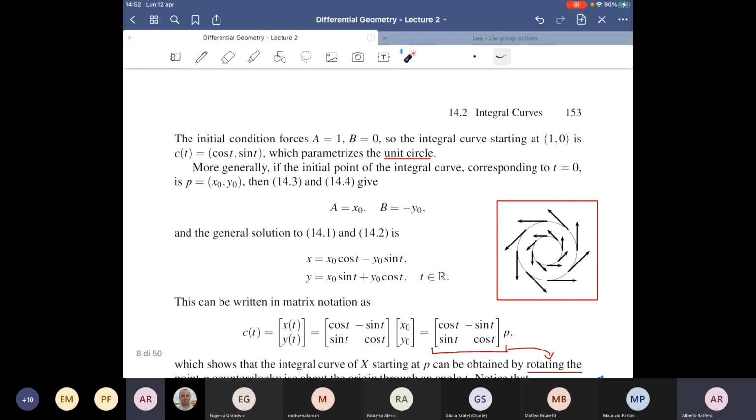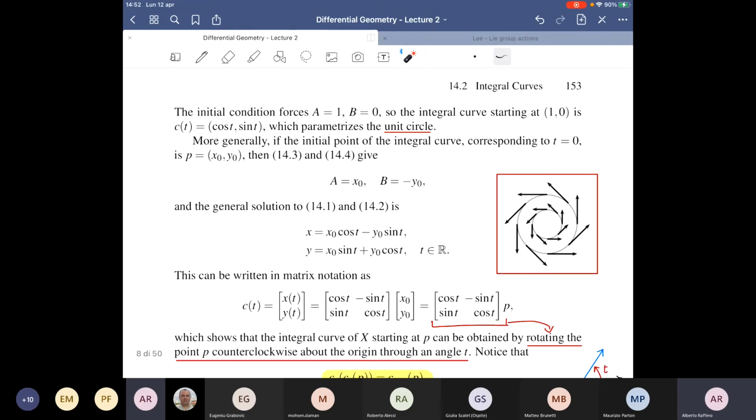So the solution to the system of ODEs we are considering has this form here, and it is defined for every real time. As you can see from here, you can also rewrite this using matrix notation. You can consider this matrix and multiply it by the column vector with the initial data you are considering.